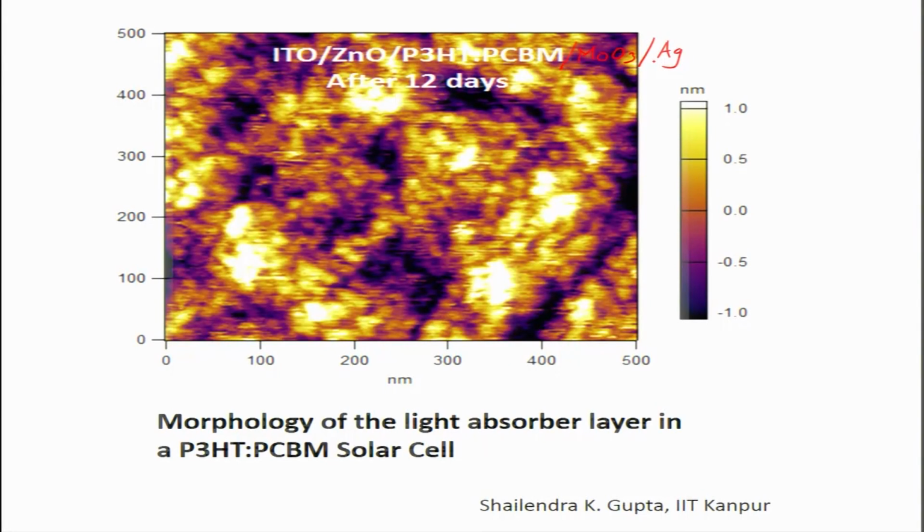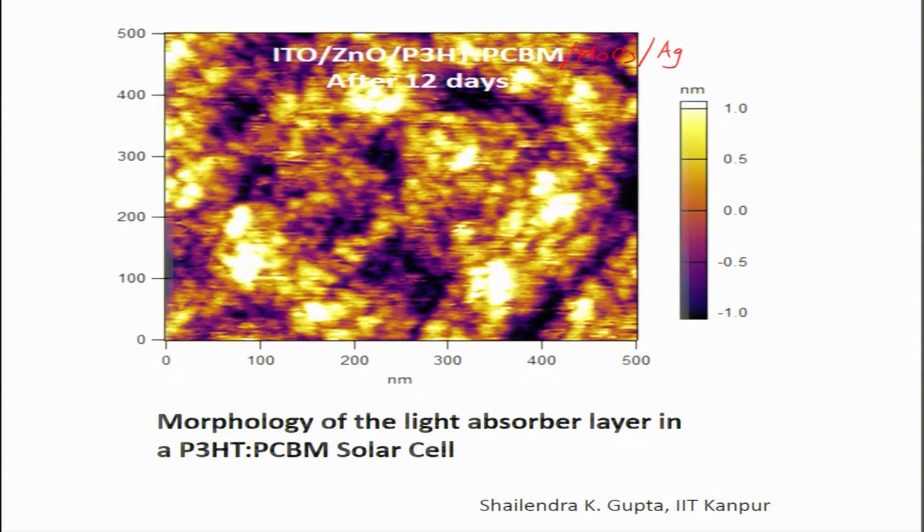You can see there are different phases. They are dispersed at nanoscale. You cannot see them directly, so this is an atomic force microscope image. You can see the whole image size is 500 nanometers. So, the feature size here is of the order of about 20 nanometers or so.